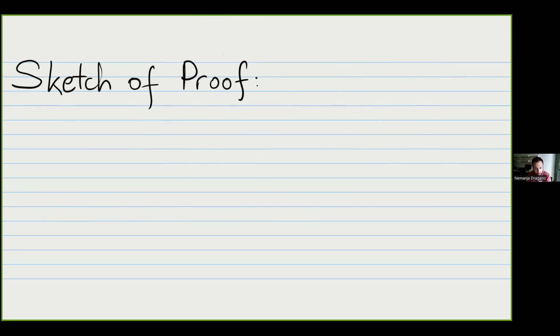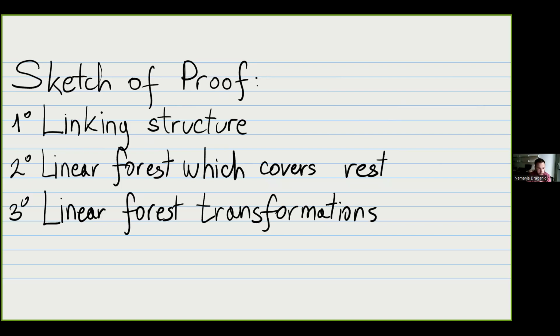So let me now give you a general overview of the proof. Then I'll go into some details and you'll see how I use these rotations of linear forests. This is a very rough outline. In the first part, we construct something which we call a linking structure, which you can think of as something like an absorbing structure, which lives on a certain subset of vertices and is used to connect paths.